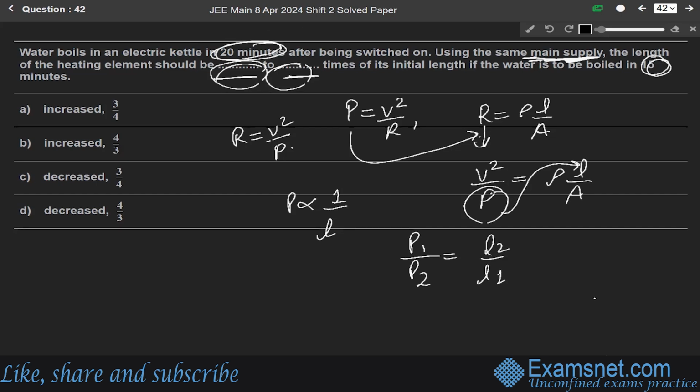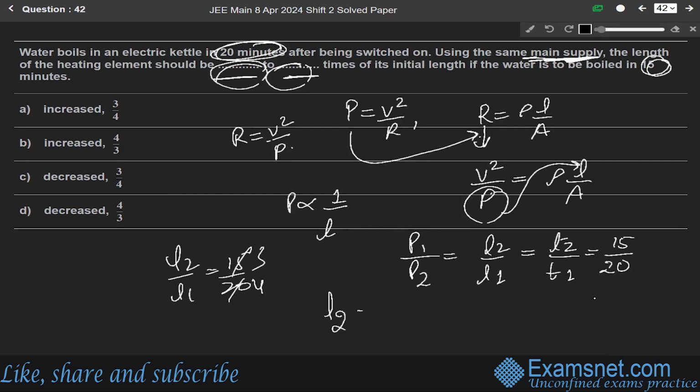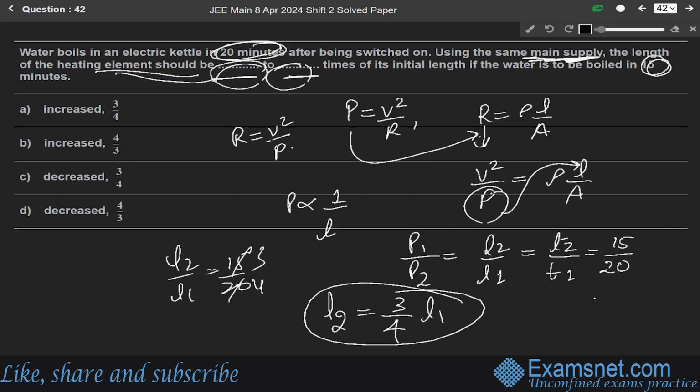Since power is also inversely proportional to time, it is T2 over T1. T2 is 15 and T1 is 20, so L2 over L1 equals 15 over 20, which is 3 by 4. So the length of the heating element should be 3 by 4 times the initial length L1.